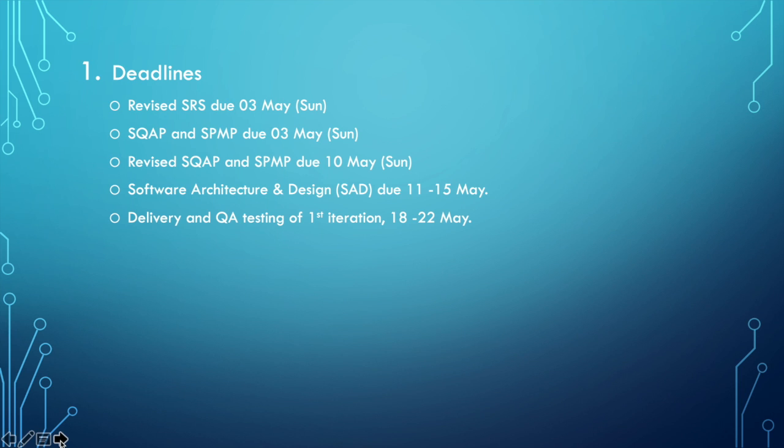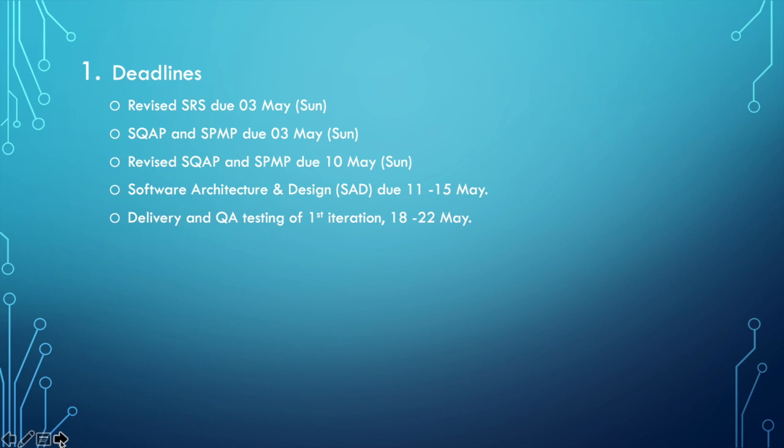So repeating, SQAP is the responsibility of the QA teams, and the SPMP is the responsibility of the management team for every development team, which consists of the project manager and the assistant project manager.